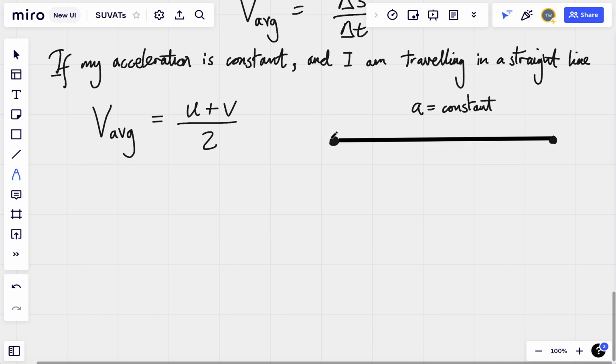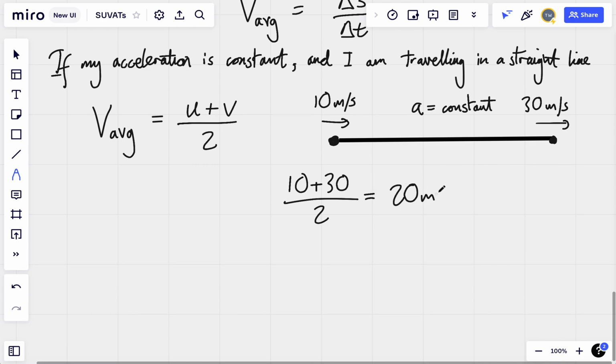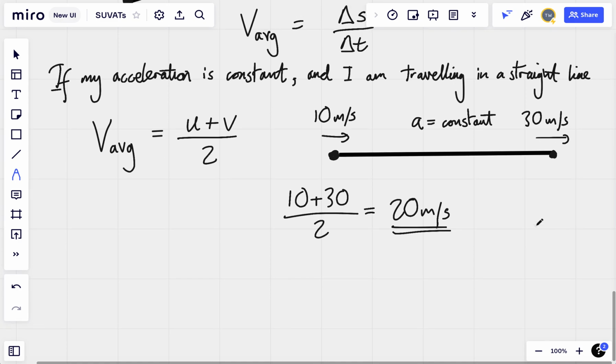Then if I start my journey traveling at 10 meters per second, and I finish my journey traveling at 30 meters per second, then I simply do 10 plus 30 divided by 2, which gives me an average velocity of 20 meters per second. Just be really careful with this. This only works if you're traveling in a straight line and if your acceleration is constant.